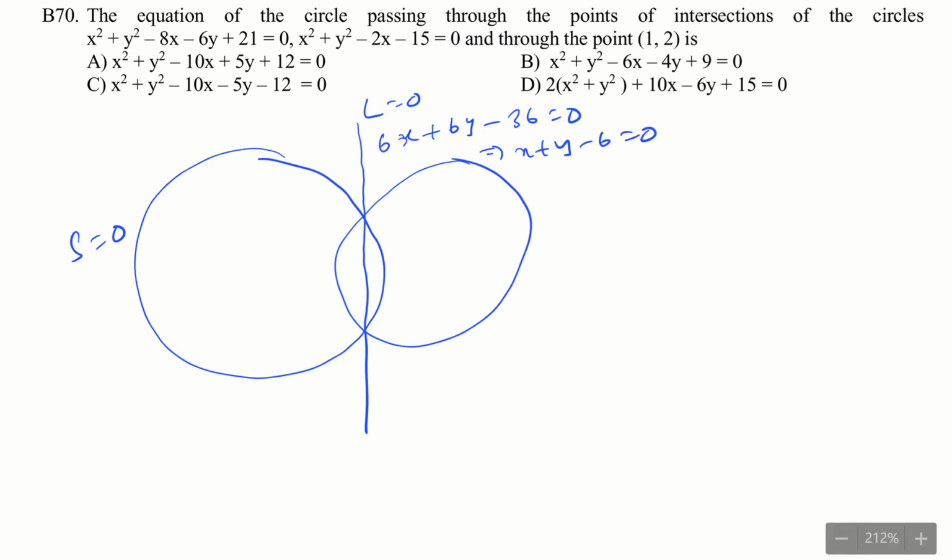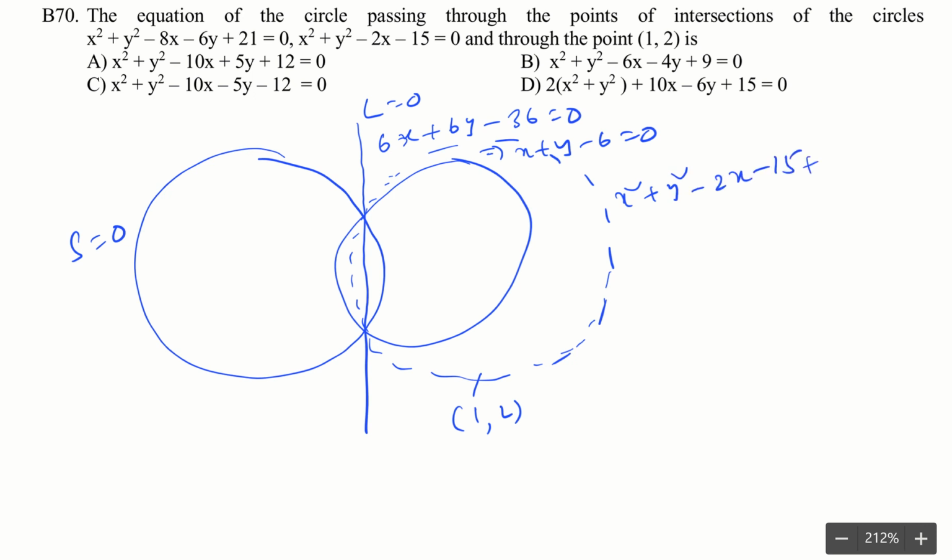Therefore the required circle, which is passing through these 2 points and also through the point 1 comma 2, is of the form S plus lambda L equal to 0. So it is x square plus y square minus 2x minus 15 plus lambda times L, x plus y minus 6, equal to 0.